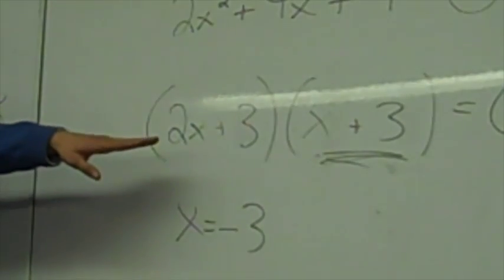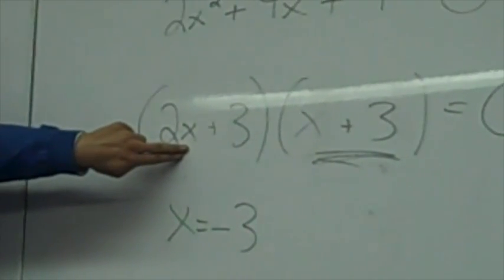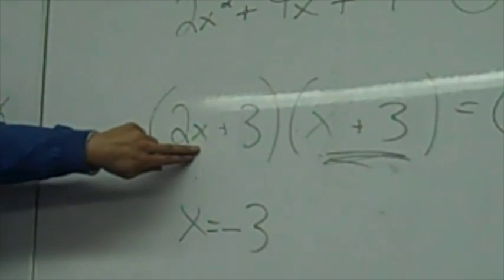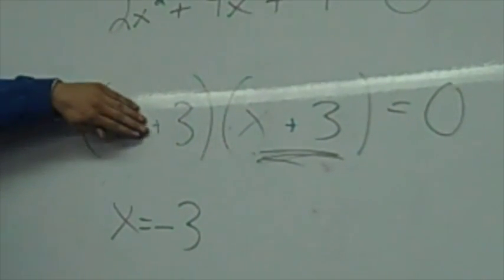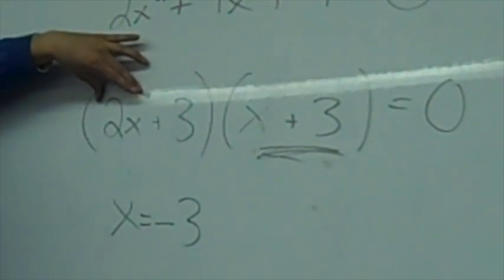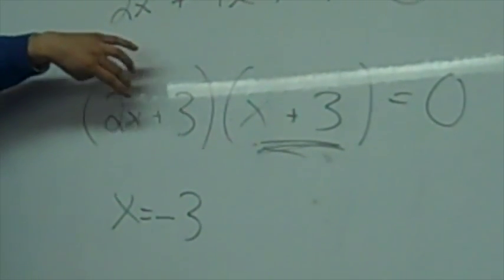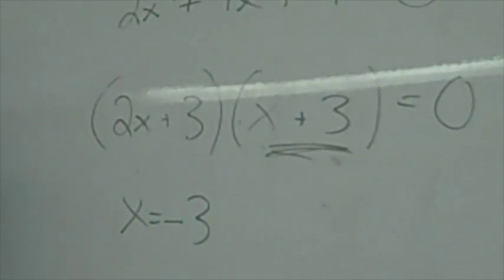Christian's looking at this and saying, I know that I have to add 3 to get to 0, so this number has to be negative 3. And if this number is negative 3, what does x have to equal? Negative 1.5.